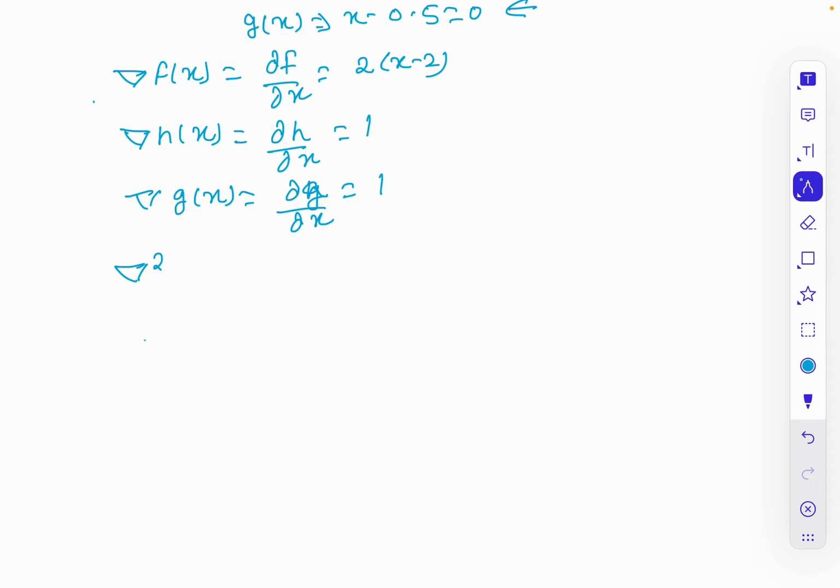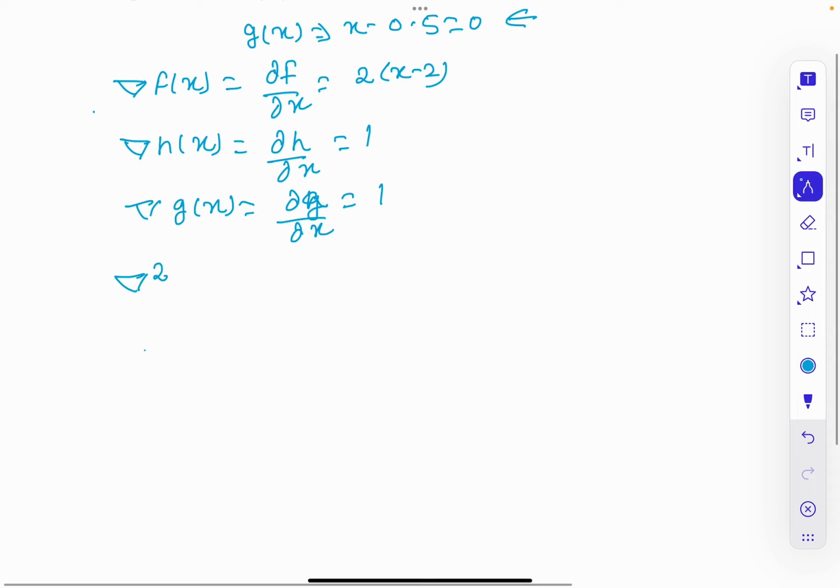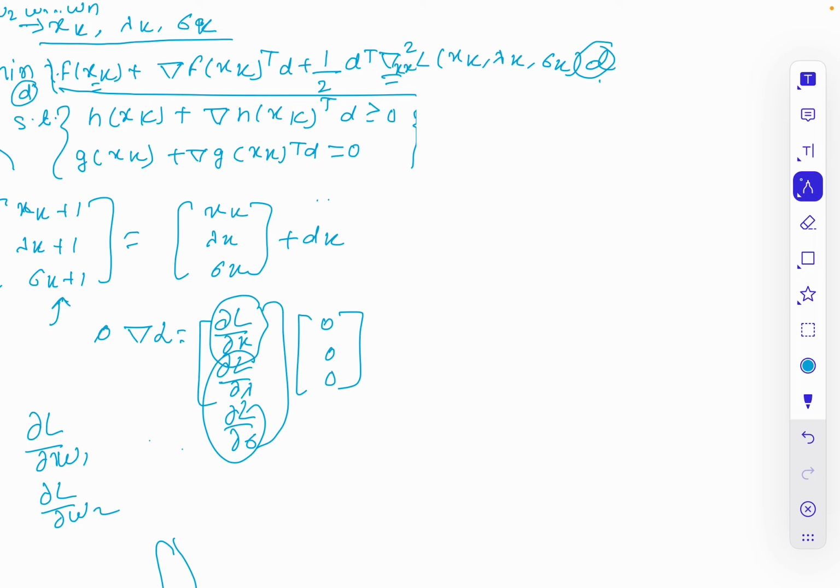In the SQP algorithm you have the Hessian, so we have to find what the Hessian of the Lagrangian is.